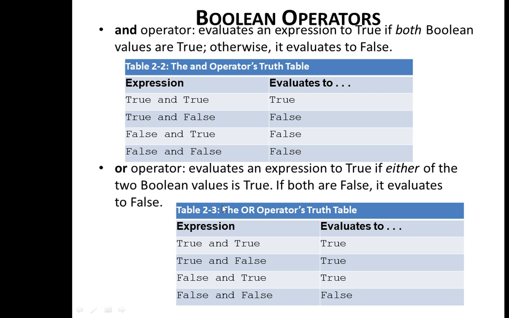On the other hand, the OR operator will evaluate to True if at least one of the values is True, as shown in this truth table. But if both the values are False, only then the output is evaluated to False.